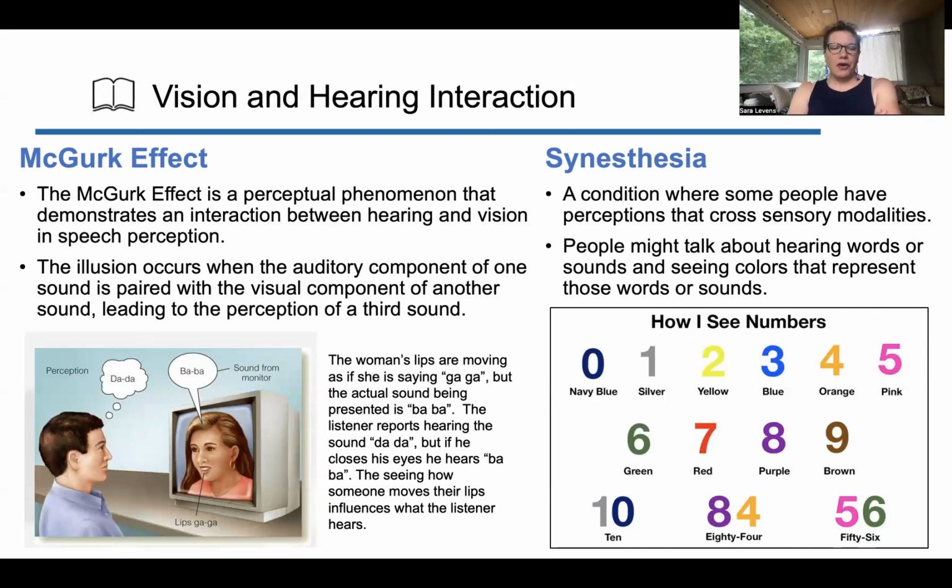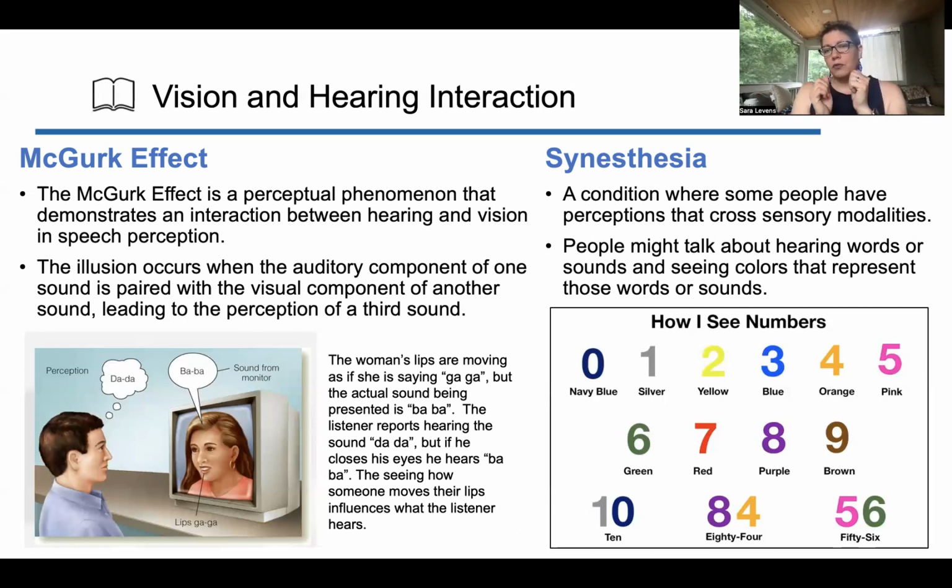If a person's lips are saying ga ga, as in the example here, but the sound from the monitor is ba ba, then the person will actually perceive an entirely different sound because of that mismatch.